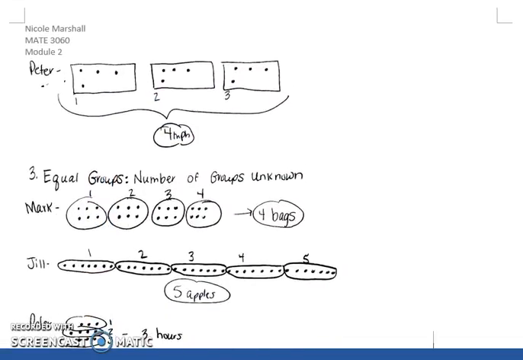Okay, the next problem was with Peter. Peter walked 12 miles at the rate of 4 miles per hour. How many hours did it take Peter to walk the 12 miles? So what I did was I ended up drawing 4 dots until I got to 12, and then I circled each of the 4 dots, and it gave me 3.